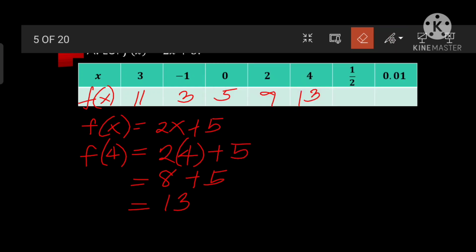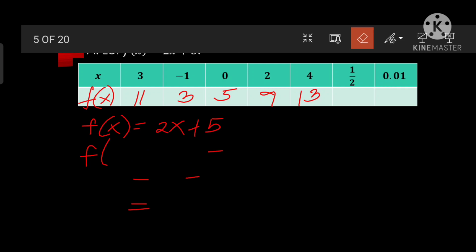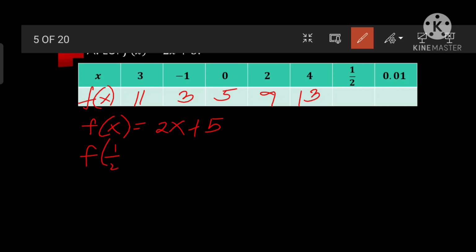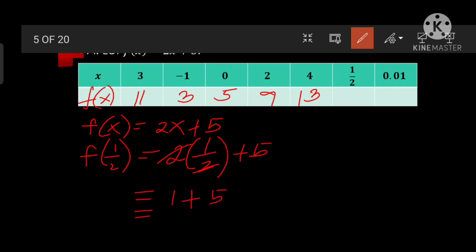Then, next we have 1/2, which is equal to 2 times 1/2 plus 5. Then 2 times 1/2, we can cancel out 2. Then we have 1 plus 5 is equal to 6. Why do we have 1 here?